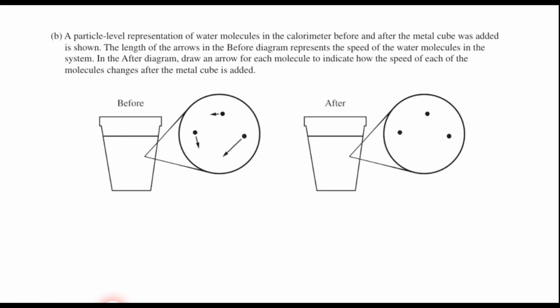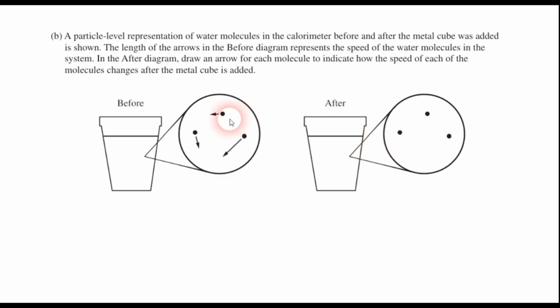Now part B says a particle level representation of water molecules in the calorimeter before and after the metal cube was added is shown. The length of the arrows in the before diagram represents the speed of the water molecules in the system. In the after diagram, draw an arrow for each molecule to indicate how the speed of each of the molecules changes after the metal cube is added.